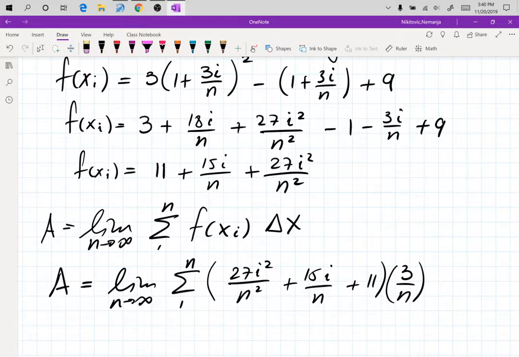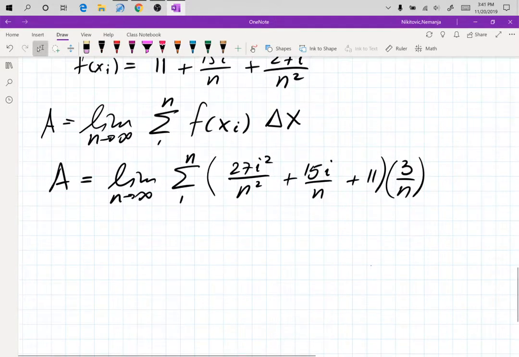That's a 15. Come on, eraser, you can do it. The obvious step is to multiply by 3 over n.